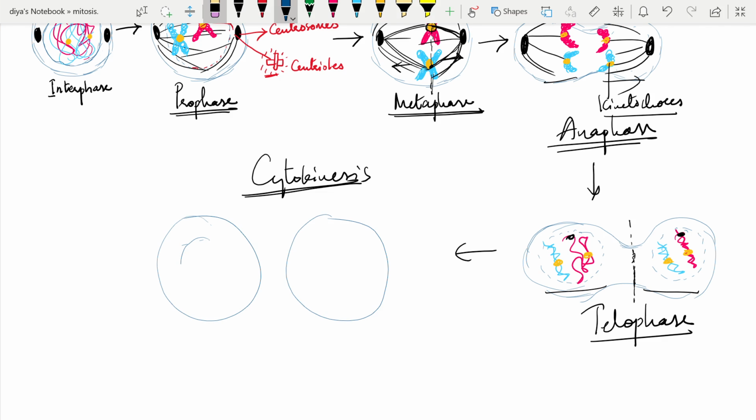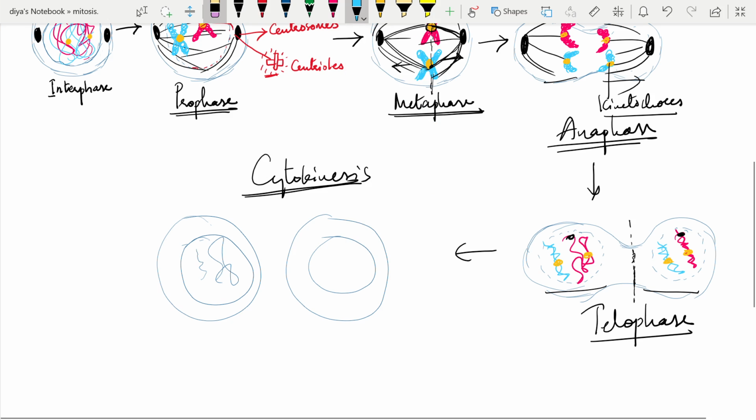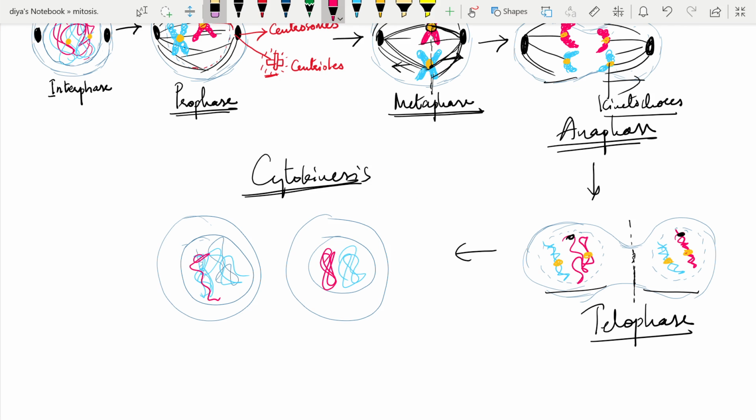Each has its own nuclear membrane and its own chromatin now. I'm sorry for the diagram. It has the dense chromatin.